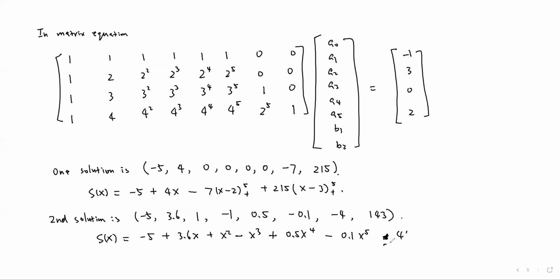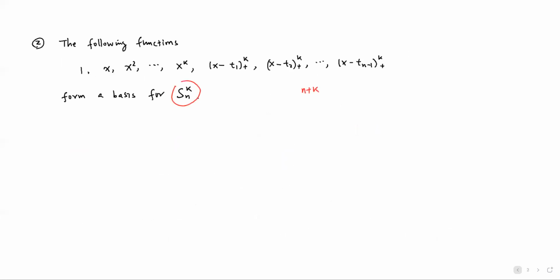This basis is simple. But the drawback is that the functions in this basis are power functions. Why is it a drawback?